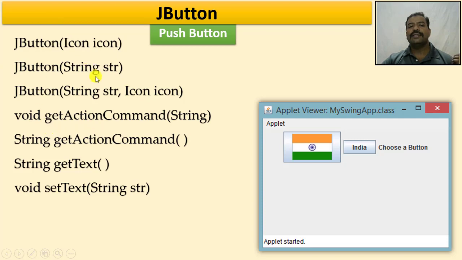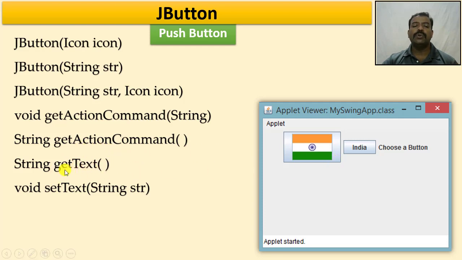And again, this is a push button, which is going to generate an action event upon clicking on the button. Hence we say getActionCommand. I'm just going to get some action commands. So what exactly I should do? I can get the action command I should fetch when I press a button.